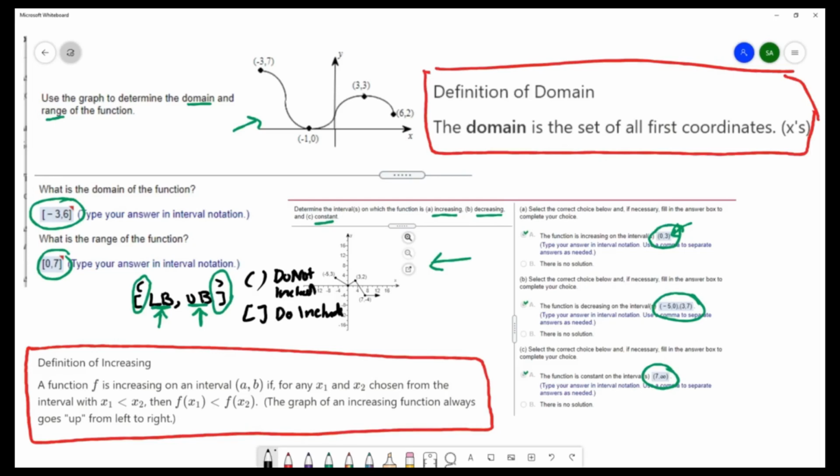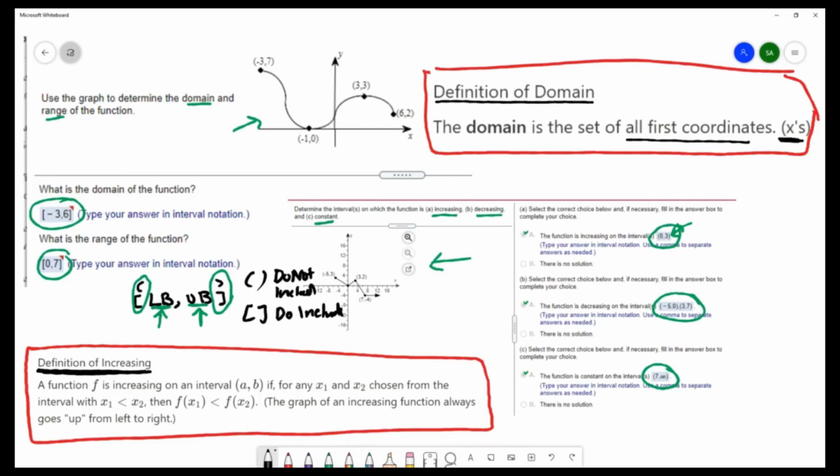Now, I've put in some definitions from our notes. Definition of domain. Domain is the set of all first coordinates, which is our x's. And over here, I've also put in the definition of increasing. Now, what I want to emphasize here is that different sources will define increasing in different ways.